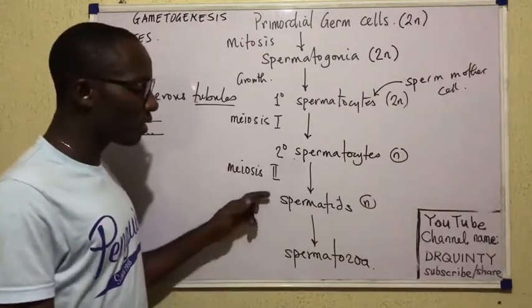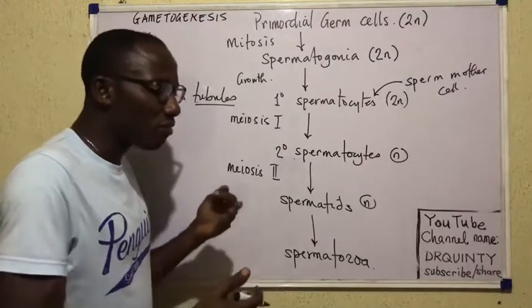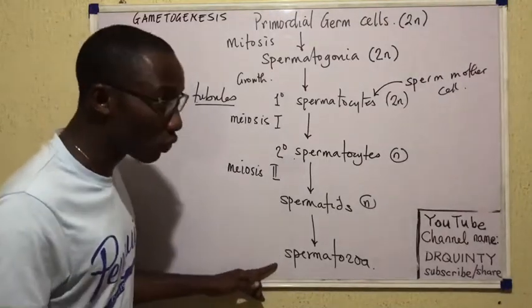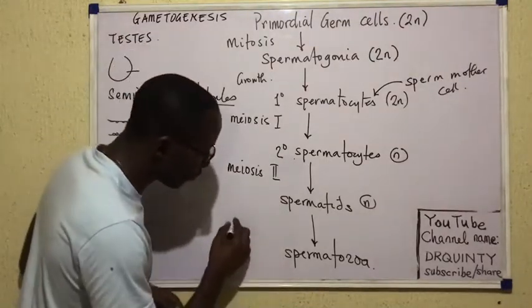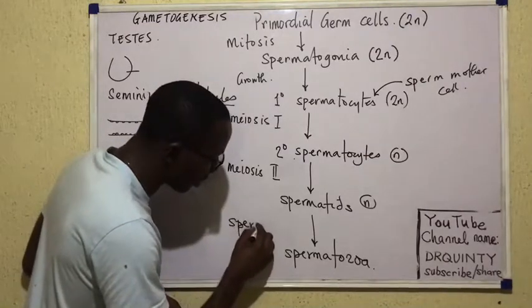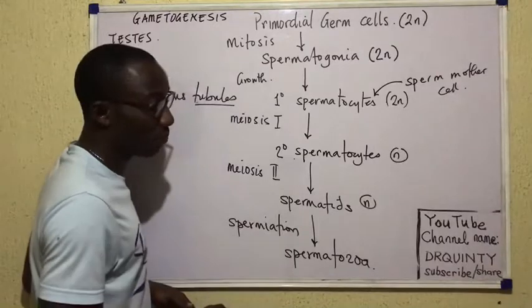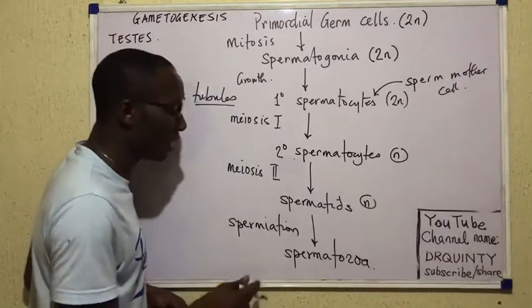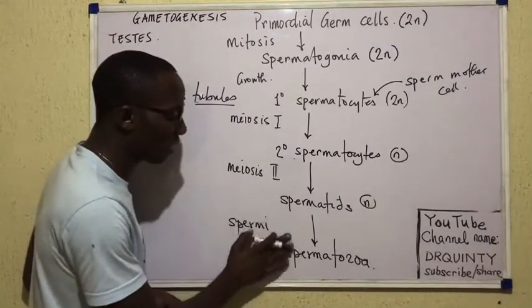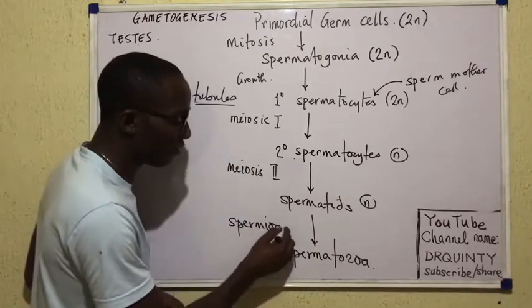And that process of the spermatids differentiating into spermatozoa is referred to as spermiogenesis. Spermiation is a different process.